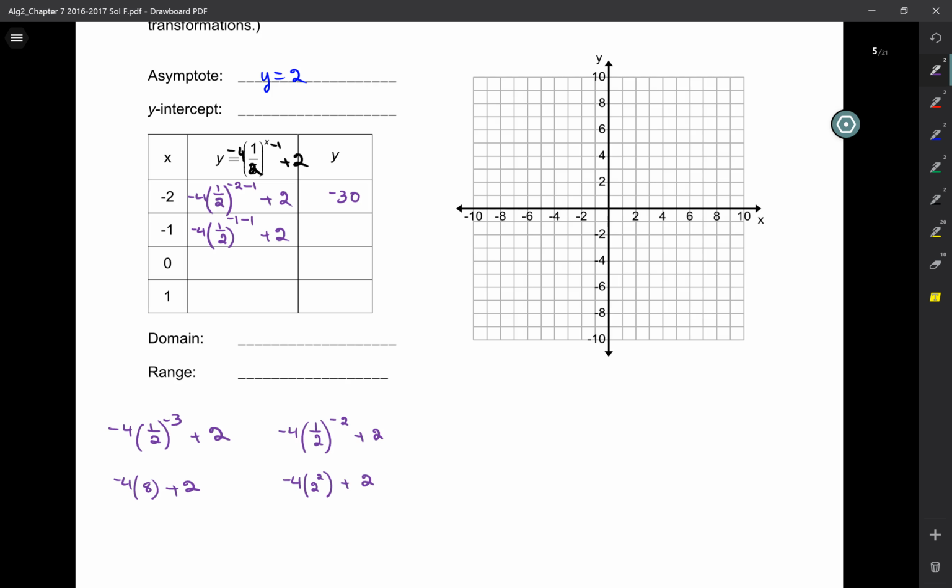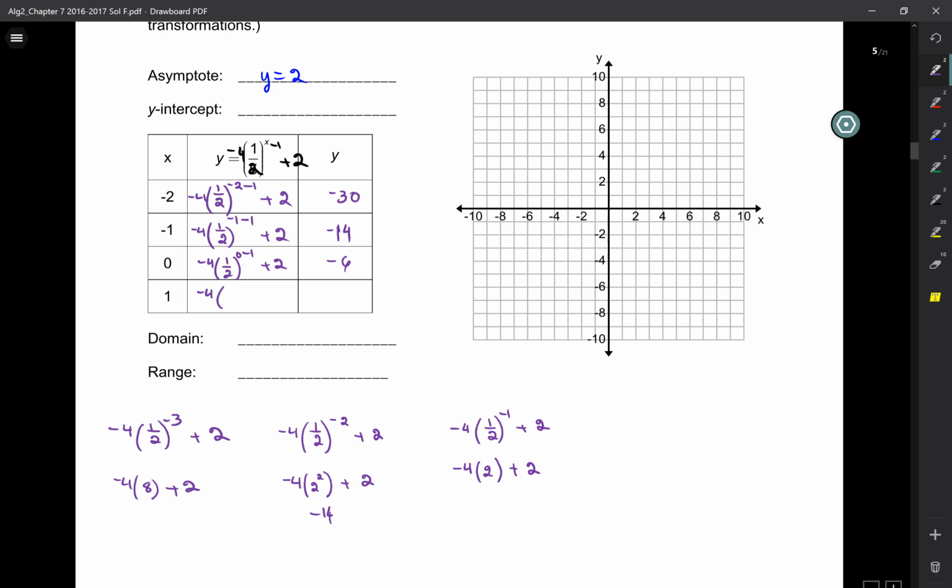Negative 4 times 4, negative 14. All right, let's do one more. Negative 4 times 1/2 to the 0 minus 1, plus 2. So this is negative 4 times 1/2 to the minus 1, plus 2. Negative 4 times, what's 1/2 to the minus 1? It's 2 to the 1. So it's 2 plus 2, negative 6.